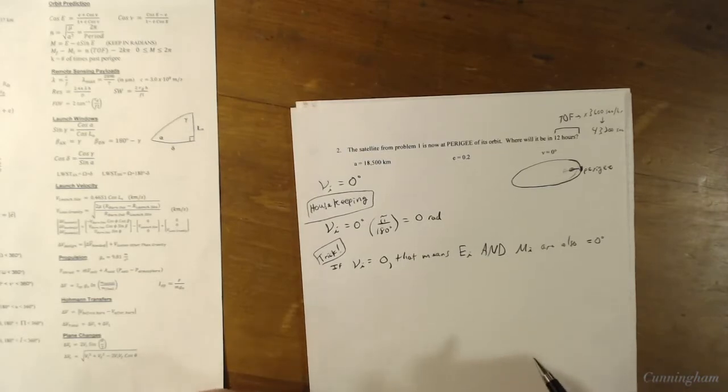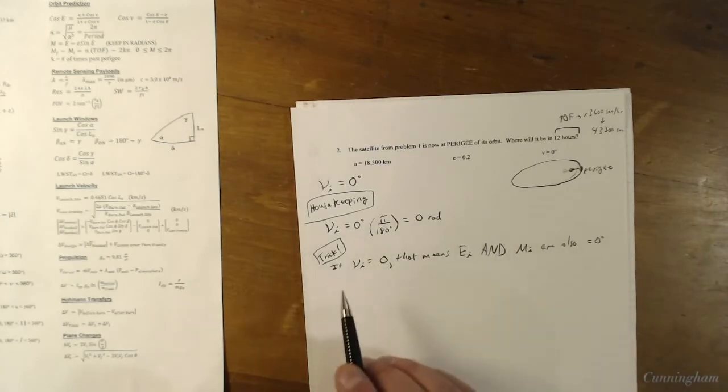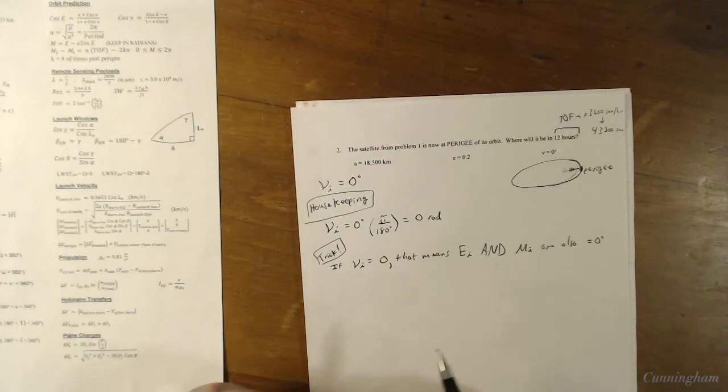Perigee is 0 radians. So if the satellite's at perigee, eccentric anomaly initial and mean anomaly initial are also 0. Same thing at apogee. The lines are lined up at apogee too. That means that eccentric anomaly initial and mean anomaly initial are pi, if true anomaly is pi.